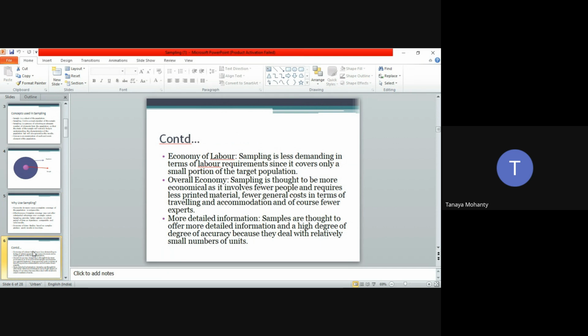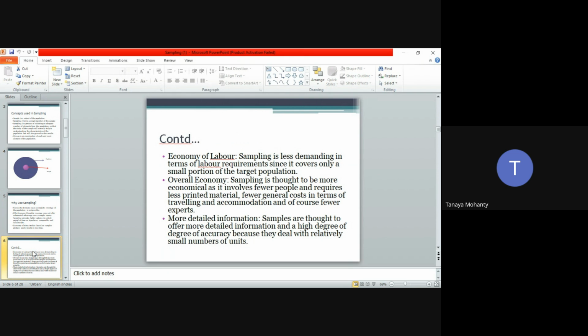And when you choose a sample, you go into the details. You can afford to ask them the detail, and you can have an in-depth study. But if you wish to cover the entire universe, you would always be in a hurry. You will never afford the time, and the quality of research would also be hampered.